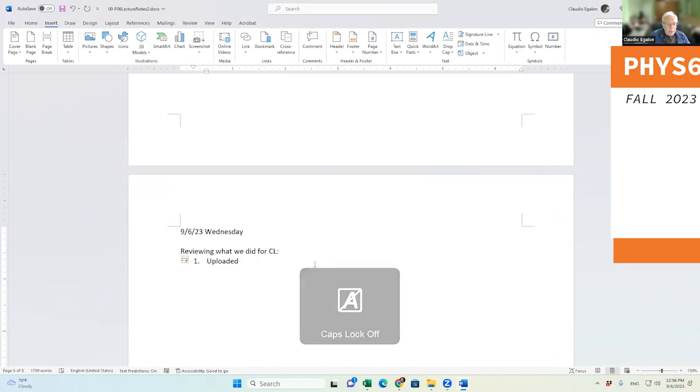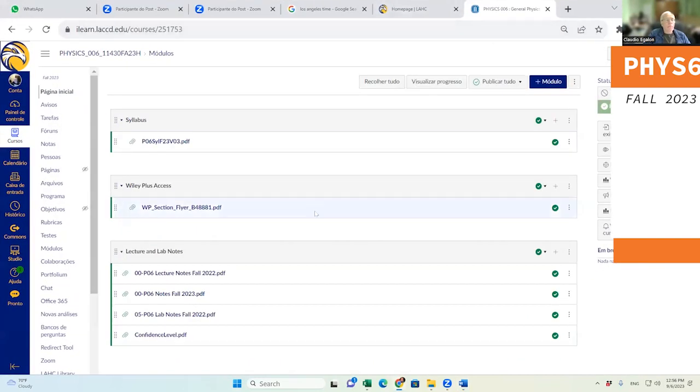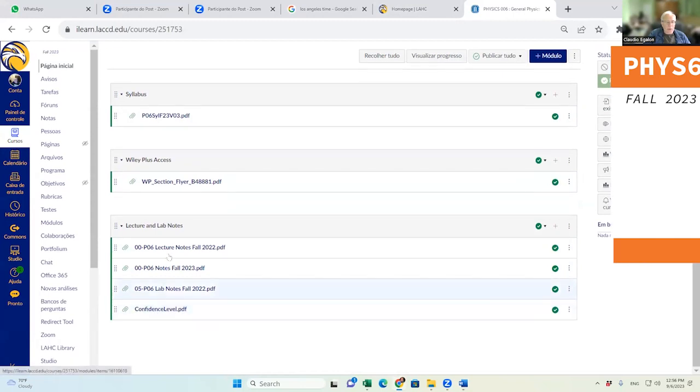Uploaded the CL table into Canvas. That's what we did. Confidence level, right in here. That's the CL table, lecture and lab notes. We're going to be using this table almost forever.